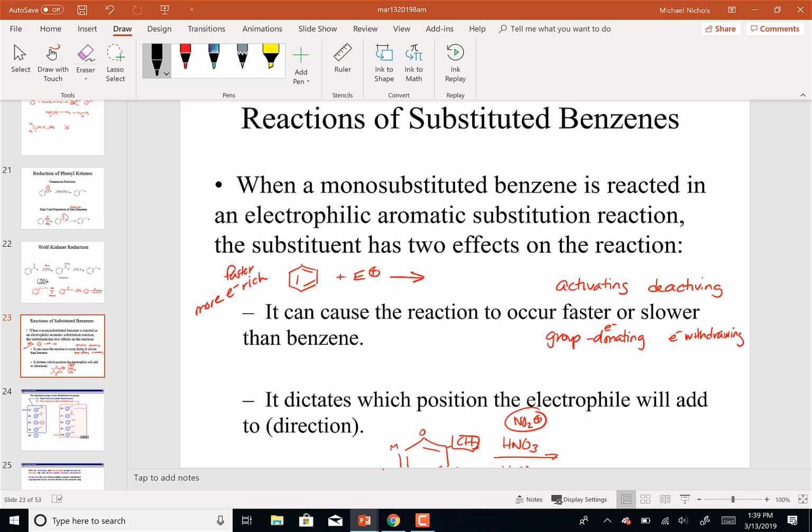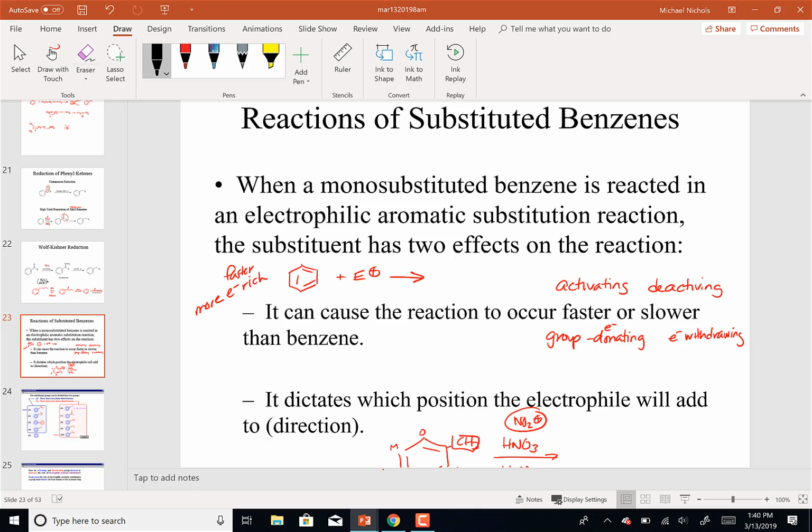So now let's do reactions of substituted benzenes. As it says here, it's never good to read directly off the slide, but I'm going to do it anyway. When a monosubstituted benzene ring is reacted in an electrophilic aromatic substitution reaction, the substituent has 2 effects on the reaction.